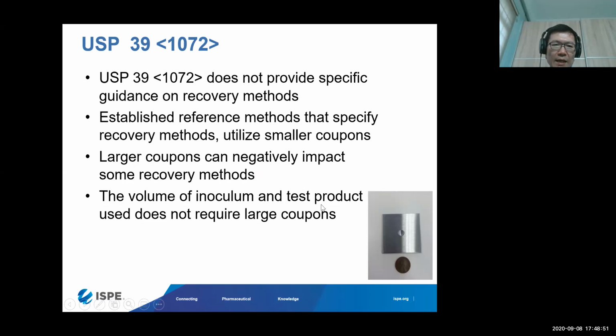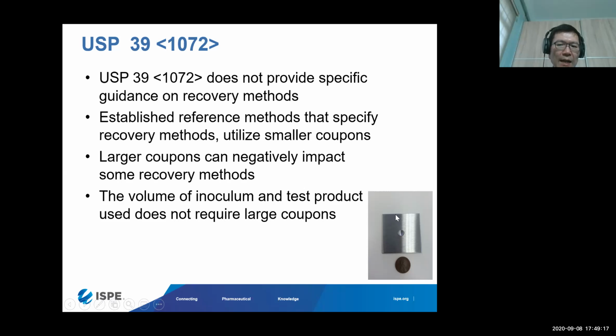If you look at USP 1072, it does not provide very detailed guidance on the recovery methods. It also mentions larger coupons, I think 2 inch by 2 inch. If you use 2 inch by 2 inch, the coupon is quite large compared to the volume of the inoculum.